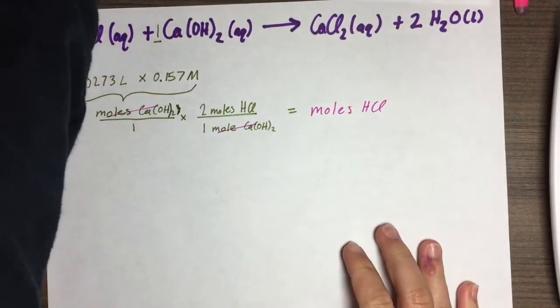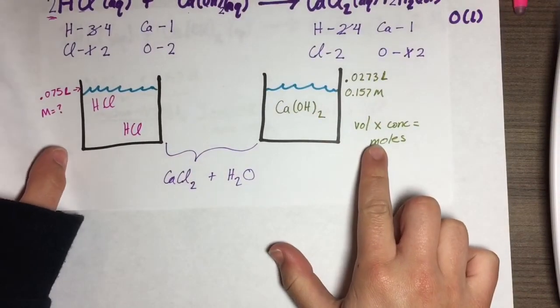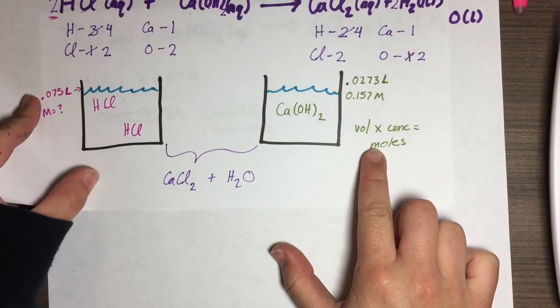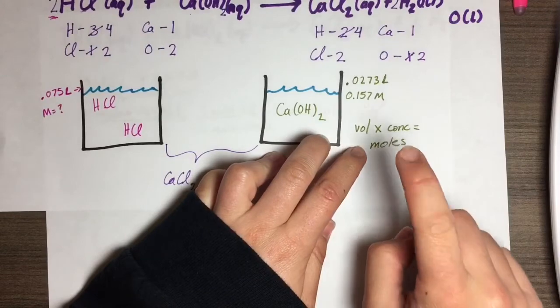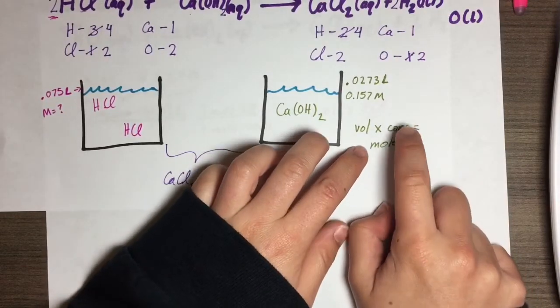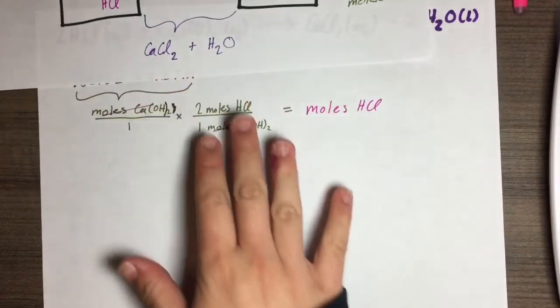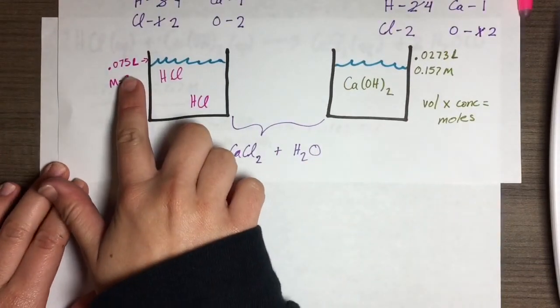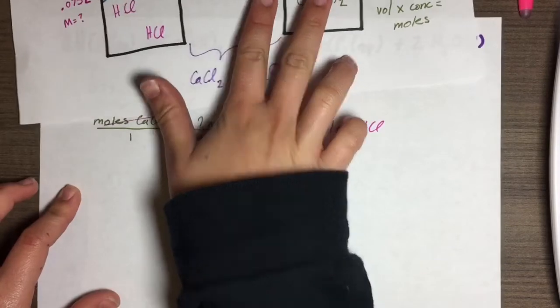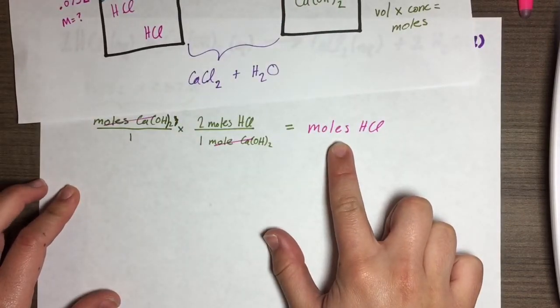So earlier we used the volume and the concentration of calcium hydroxide to solve for the moles. Well, we can use this same equation to solve for the concentration, because now we were given the volume of hydrochloric acid at the beginning, and we just found the moles of hydrochloric acid here.